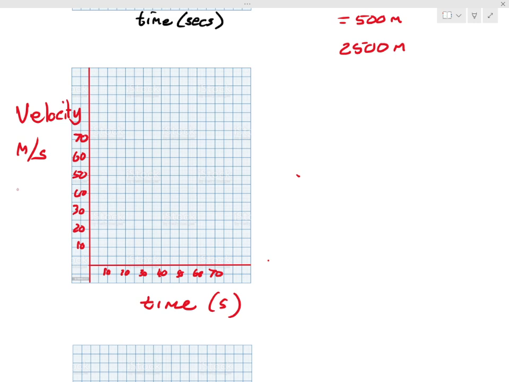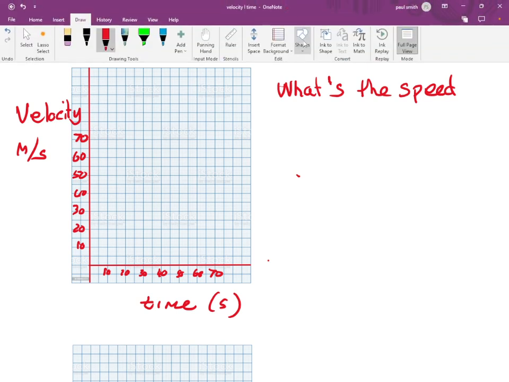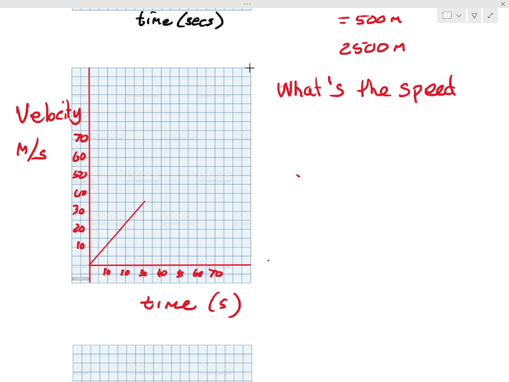If it's velocity, we can ask the question of what's the speed at a certain point? And so we'll just draw anything really up to there.